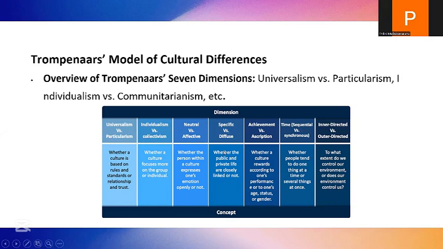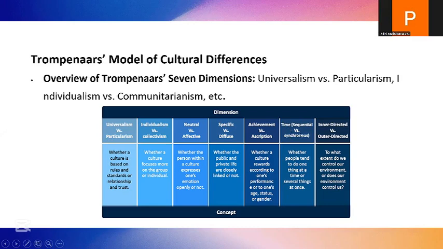Another dimension is specific versus diffuse, whether public and private life are closely linked or not. The next one is achievement versus ascription, whether the culture rewards according to one's performance or to one's age, status, or gender.